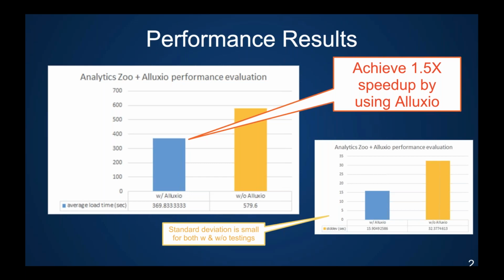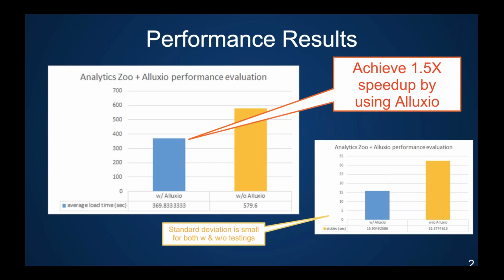So by using Alluxio combined with Analytics Zoo for deep learning, Alluxio can achieve 1.5 times speed up for data loading. In the meantime, we can also see there's a very small standard deviation both with and without Alluxio.